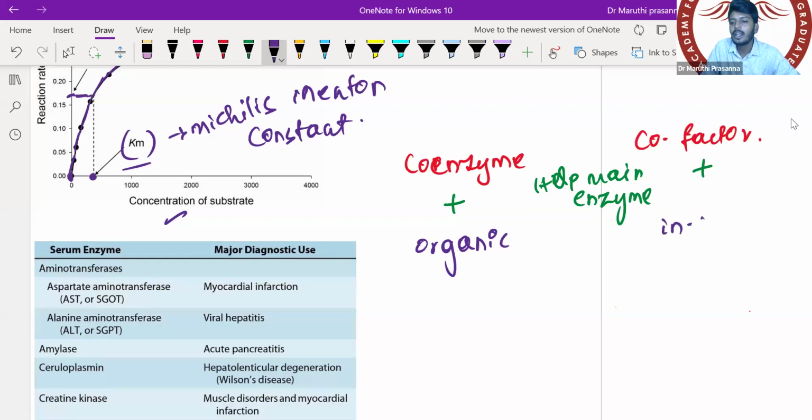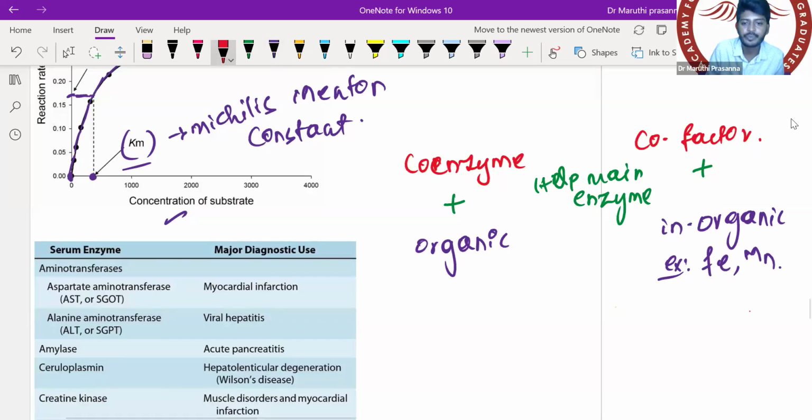Cofactors are made out of inorganic substances. For example, let's imagine iron, or let's imagine manganese. So they are helping the main enzyme, but if they are organic compounds, we call it a coenzyme. If they are inorganic compounds, I will call it a cofactor.